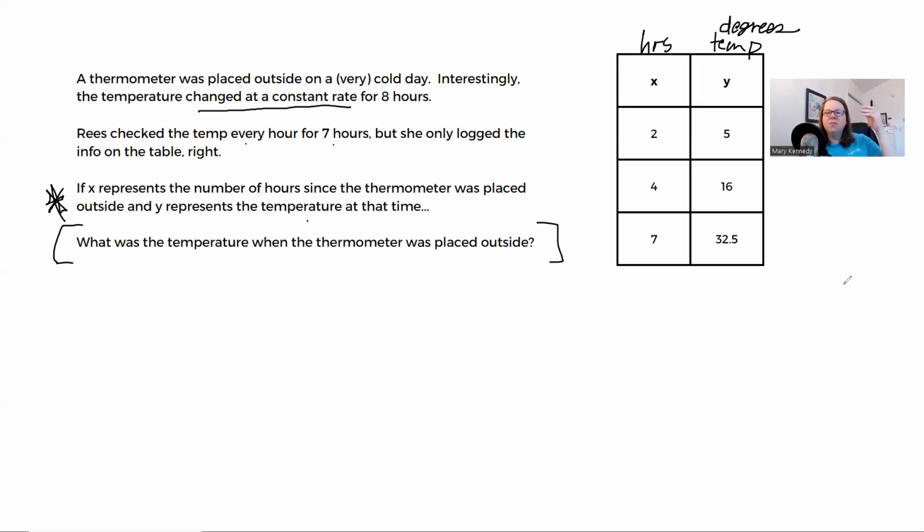Okay. So understand that as you're reasoning through these types of problems, you're reading it several times and you're picturing that situation. If you can put yourself in that situation, like I just said, oh my goodness, 5 degrees. I can hardly imagine being out in that cold.